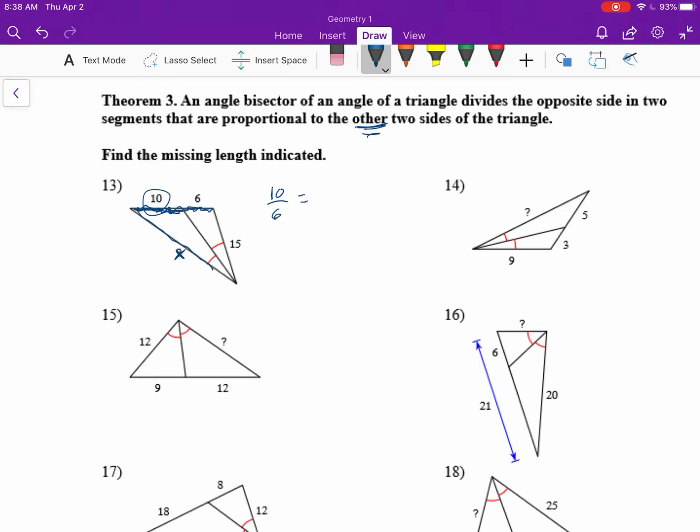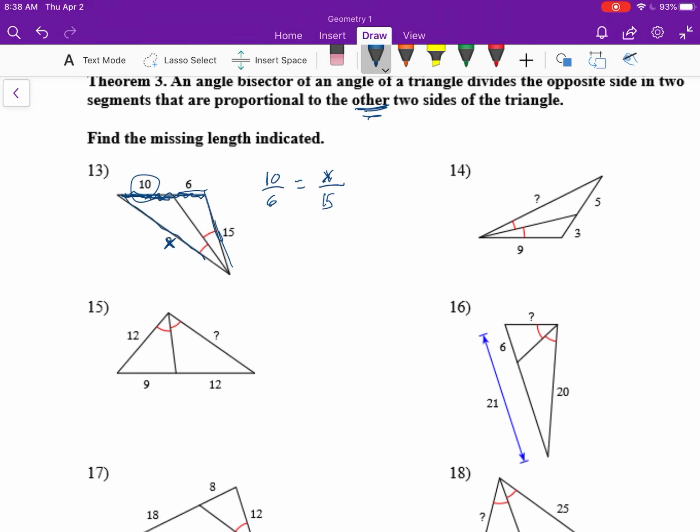So since we have 10 on top here, we're going to have x on top over here, and then 6 goes with 15, and then you can cross multiply and solve. So 6 times x equals 10 times 15, which is 150. Divide both sides by 6. Figure out what that's equal to, and that's equal to 25.